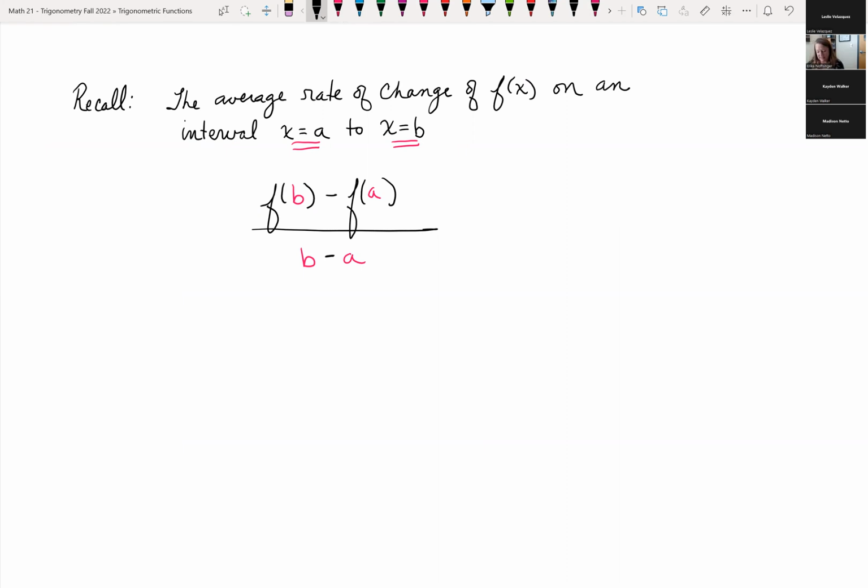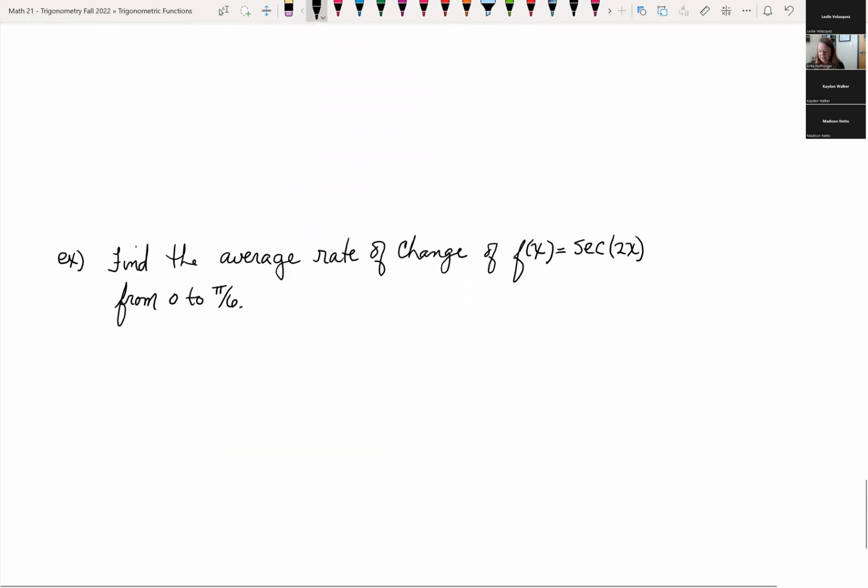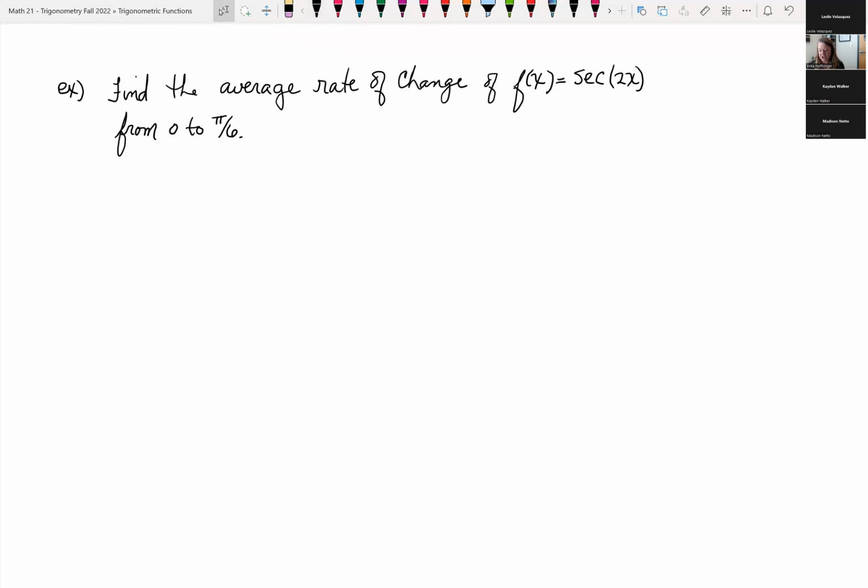And so now let's apply this with trigonometric functions. In this example, find the average rate of change of f of x equals secant 2x from 0 to pi sixths. So we want to look at f of pi sixths.